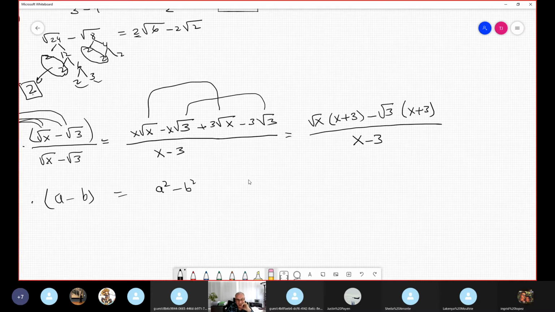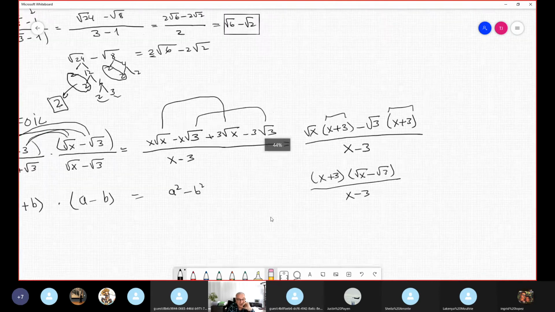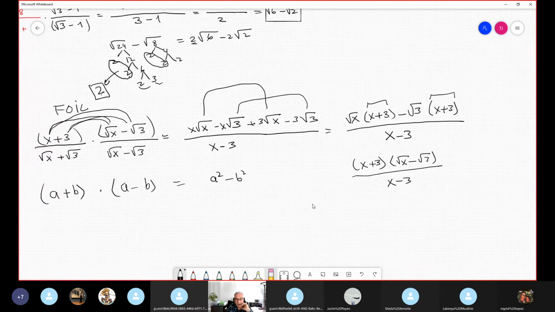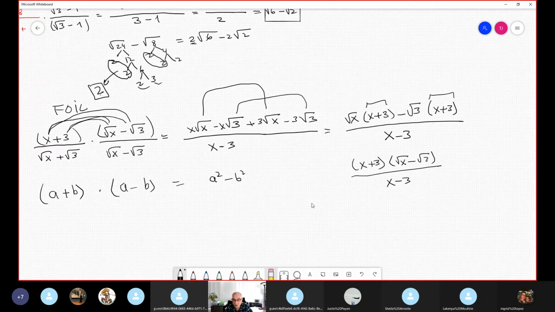You can, but no. I can see it's similar. And this is the common factor, x plus 3. And you open the last parenthesis, radical x minus radical 3 divided by x minus 3. Wow, so we come back. Look, we come back. Okay. Here, something is redundant because we come back.